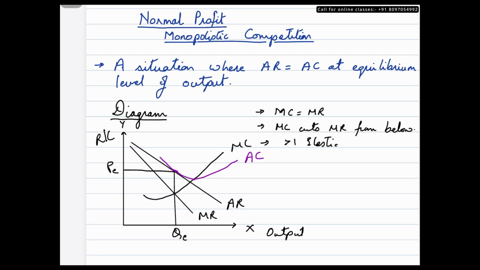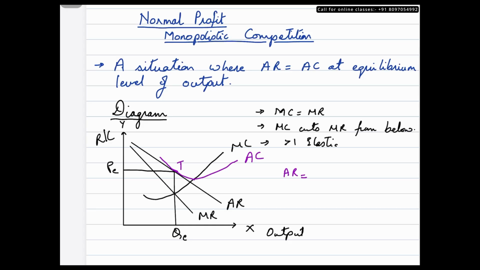Now in this case, let us see what the average revenue is. At the equilibrium output level, this is your average revenue, correct? Let me give a name to this point.